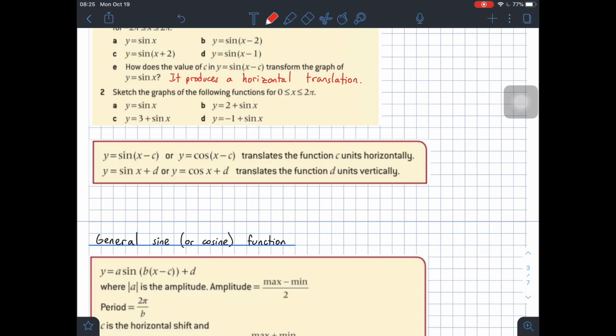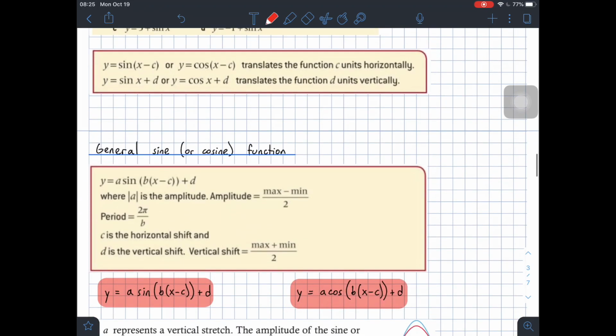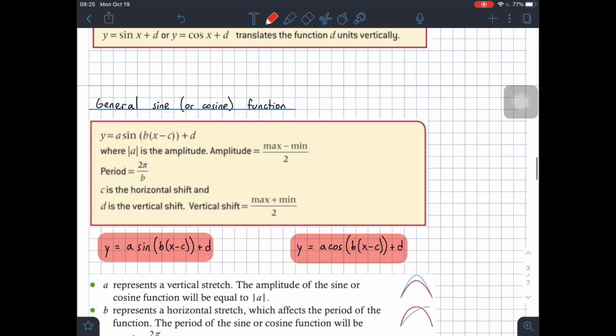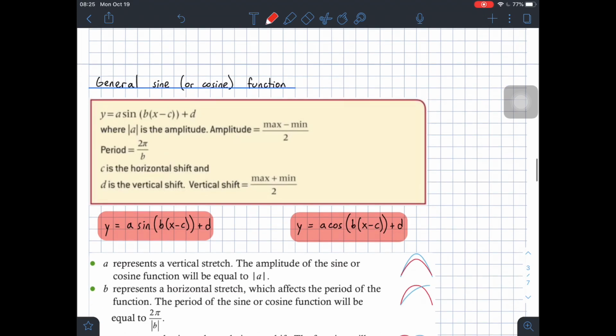Okay, so now the important part of this class, the general sine or cosine function. This is how we can generalize any trigonometric function by applying all of the different transformations we have seen in the previous investigations. y equals a times sine of (bx minus c) plus d, where the absolute value of a, this number over here, is the amplitude.